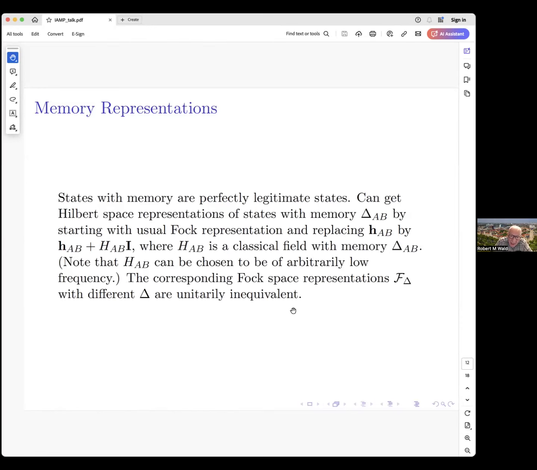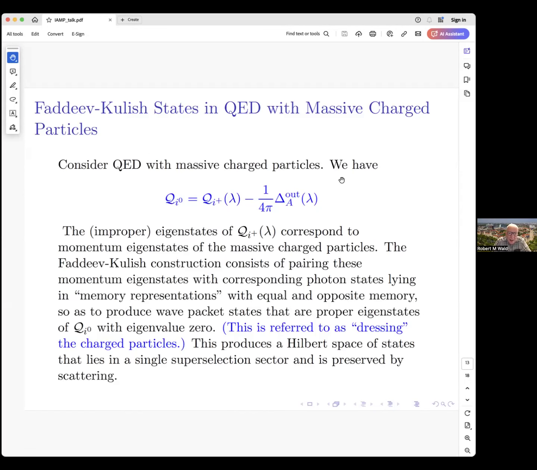And this representation of the field algebra is going to be unitarily inequivalent to the original one, but you get this uncountably infinite family of inequivalent representations, all labeled by whatever memory you choose. So you have all of these memory representations at your disposal. And with this background, I can now formulate the Faddeev-Kulish construction.